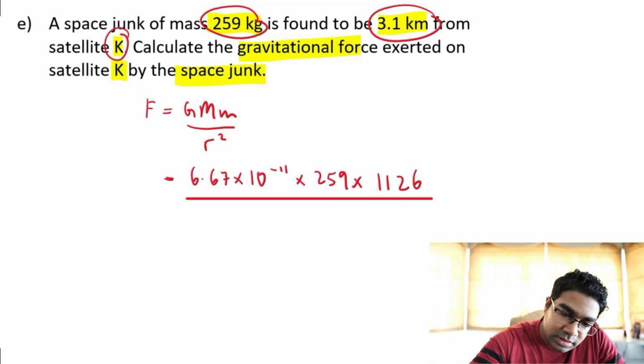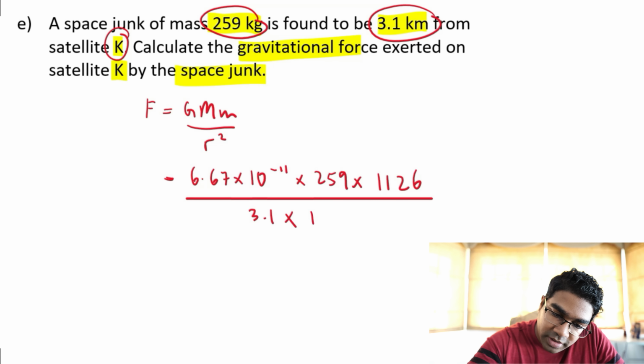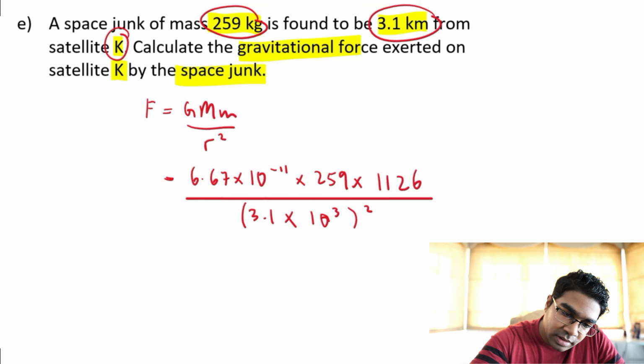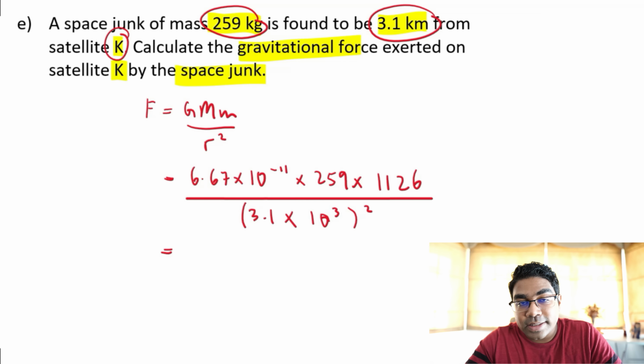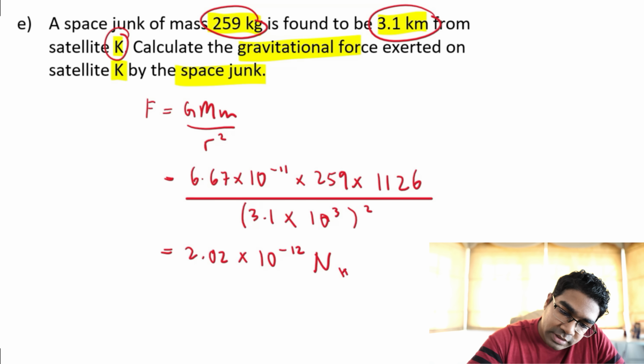We need to use SI units here, so 3.1 times 10 to the power of 3, squared. So the answer that you will get here is 2.02 times 10 to the power of negative 12 newtons.